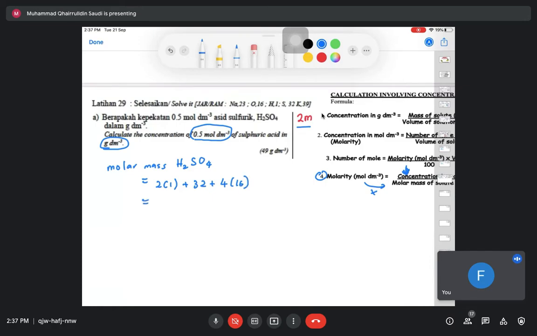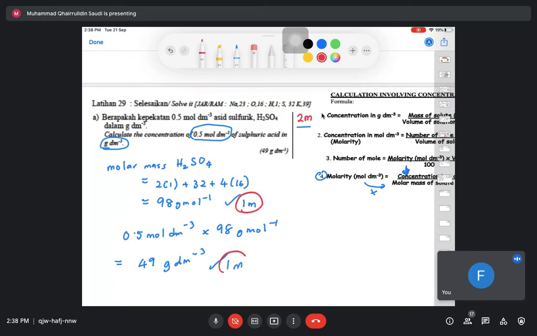You will get 98 gram per mole. This will be 1 mark. Next, when we already have the molar mass, put it into the formula. So molarity 0.5 mole per dm cube times 98 gram per mole, and you will get 49 gram per dm cube. This is another mark. So the total will be 2 marks. Can we proceed?